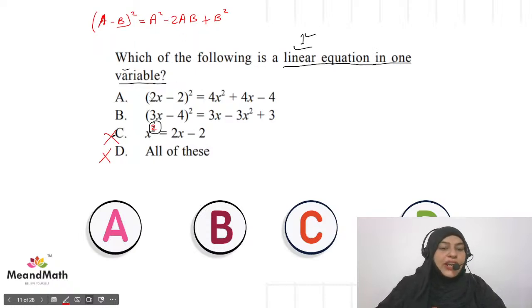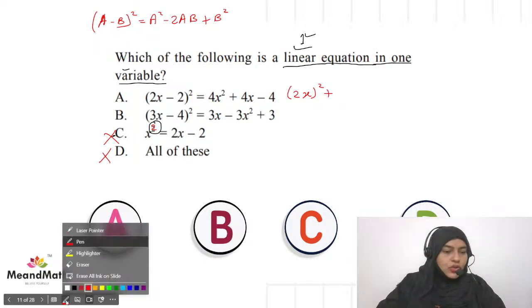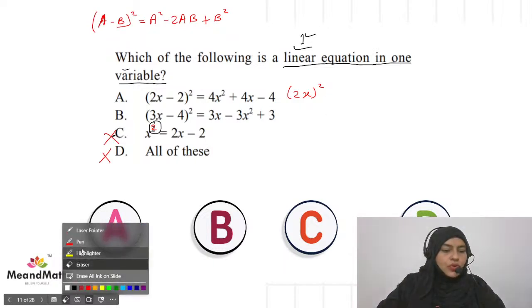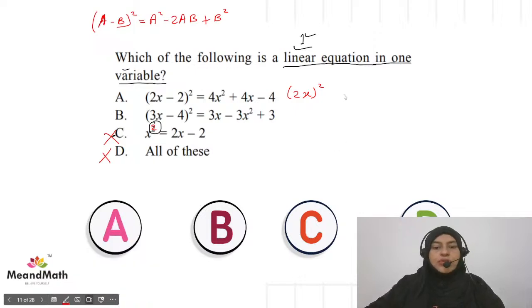Now, apply your identity. So it will be (2x) square minus 2 times of 2x into 2 plus 2 square.